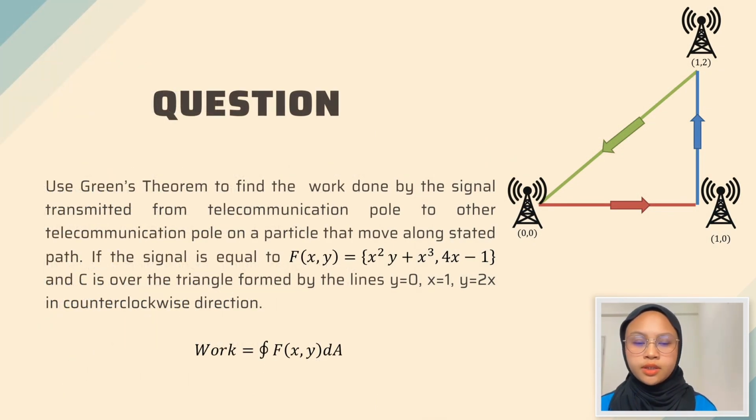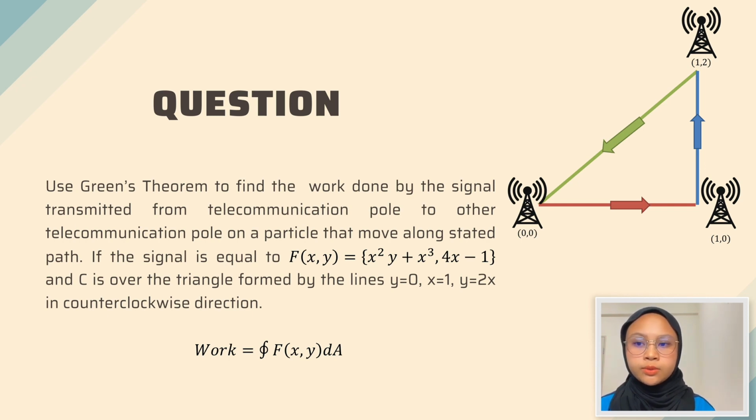Next, given the question and transmit signal of C1, C2 and C3, also the value of coordinates C1, C2, C3. The question uses Green's theorem to find the work done by the signal transmitted from a telecommunication pole to another telecommunication pole on a particle that moves along a straight path.